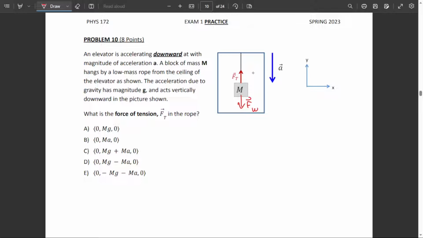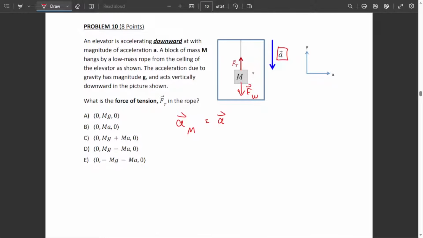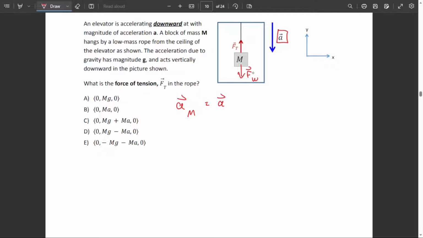So we could write the acceleration of our mass m is equal to this acceleration right here, a. If we multiply both sides by m, then we get mass times the acceleration of our block of mass, which is force. Mass times acceleration is force.